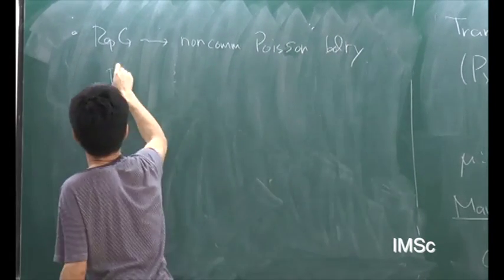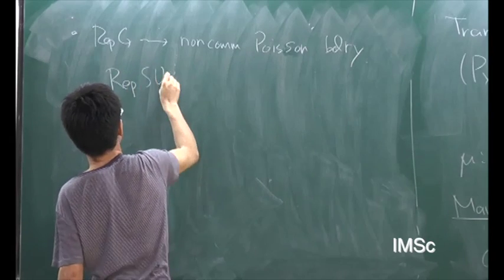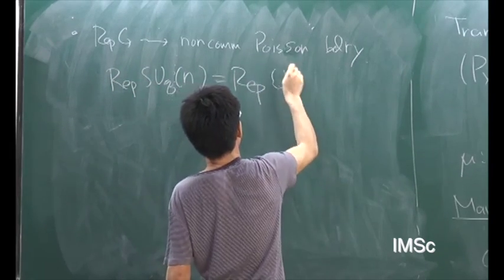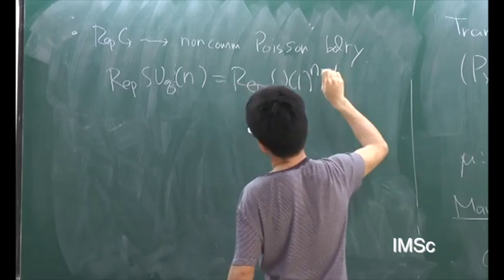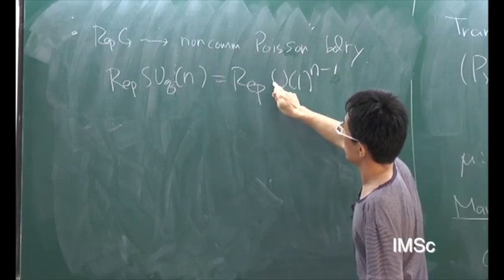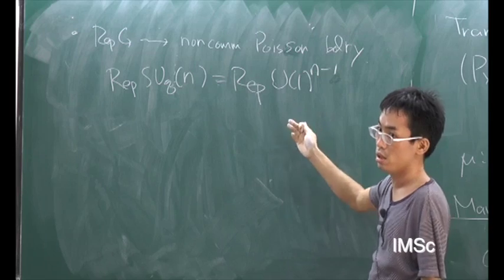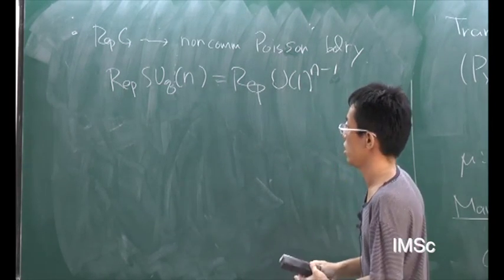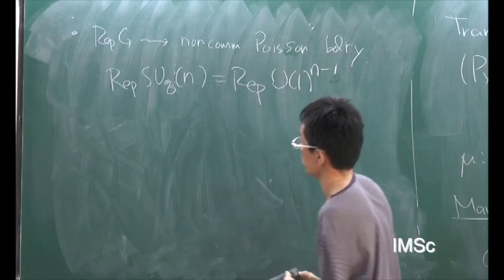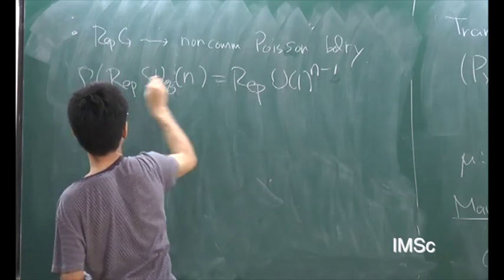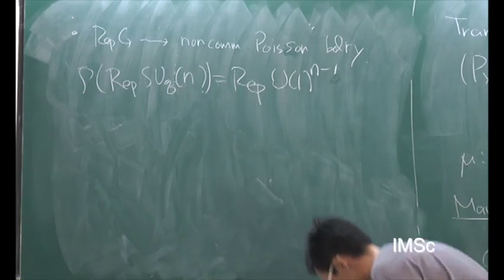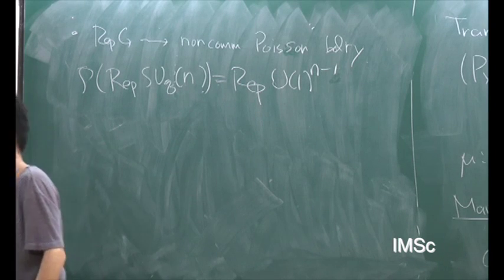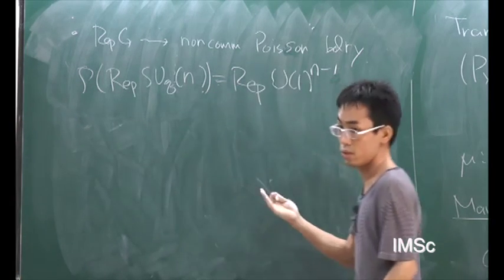But for things like SU(2N), I can tell you that this is the representation category of the maximal torus. So this is an n minus one dimensional torus sitting inside the SU(2N) quantum group. Boundary is this, and this inclusion is just a restriction of representations. So here you get something strictly larger.